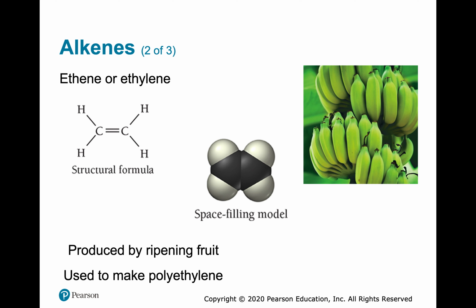Ethylene also makes fruit ripen faster. It's called an autocatalytic reaction. That's why, if you want fruit to ripen faster, you place it into a bag, because that traps in the ethylene, which makes it ripen faster. The most common use for this is to make polyethylene, a very common plastic.